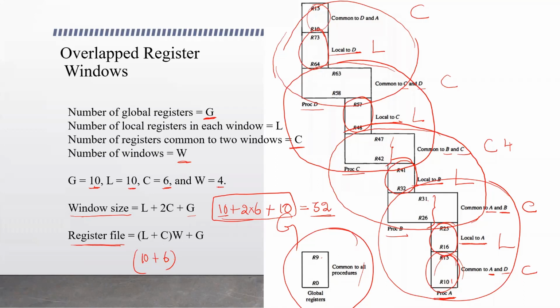So (10 plus 6) into 4, plus the 10 global registers G. 16 times 4 is 64, plus 10, it is 74. So the total number of registers is 74.